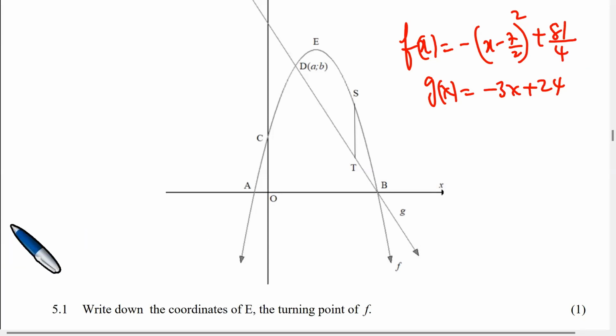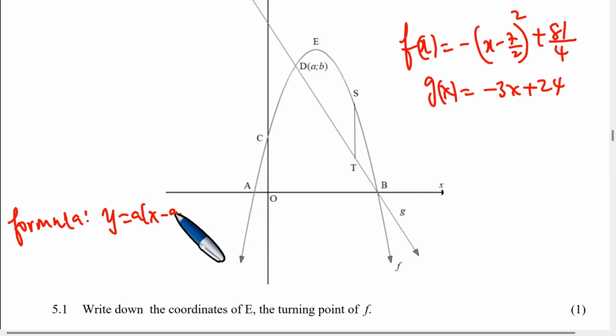So there's a formula. The formula says if you have y equals a into x minus p, normally we use p here, plus q, the turning point becomes pq.